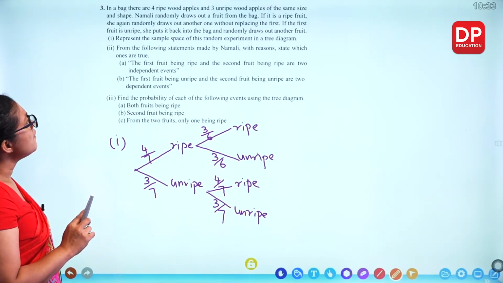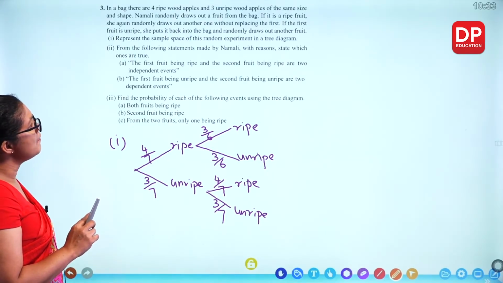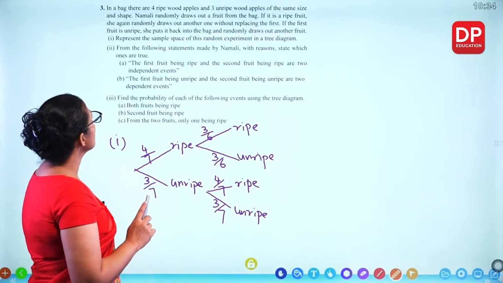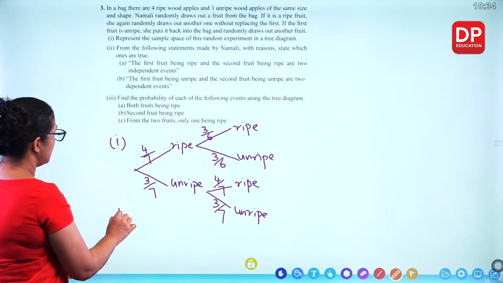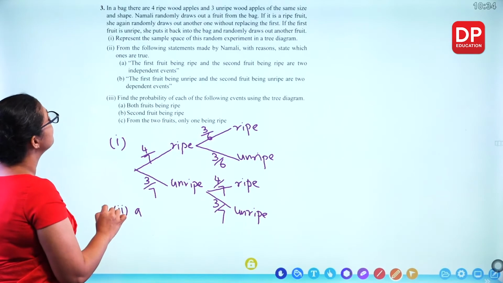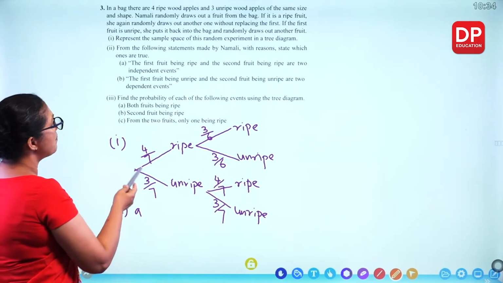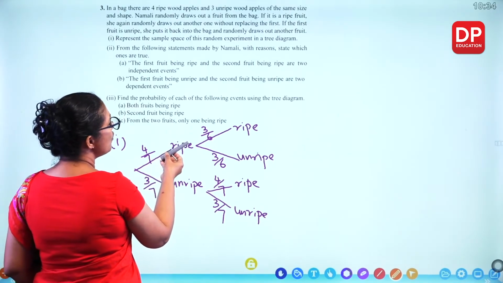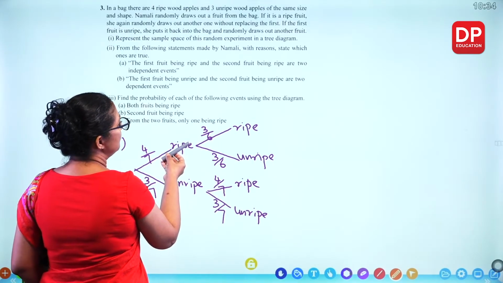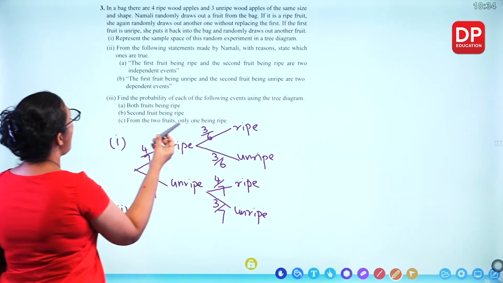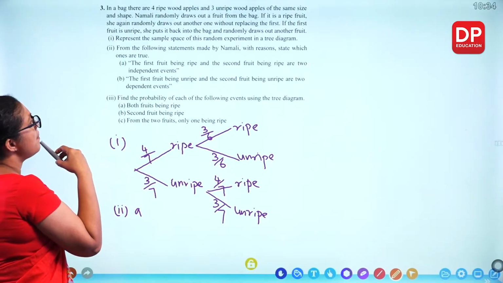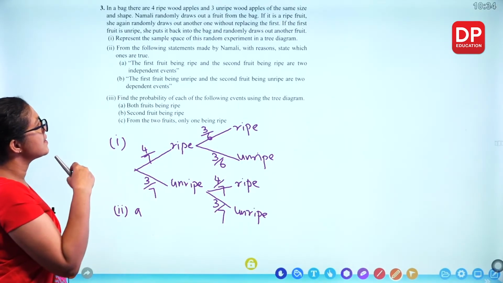Second part, from the following statements made by Nimali with reasons, state which ones are true. Part A, the first fruit being ripe and the second fruit being ripe are two independent events.